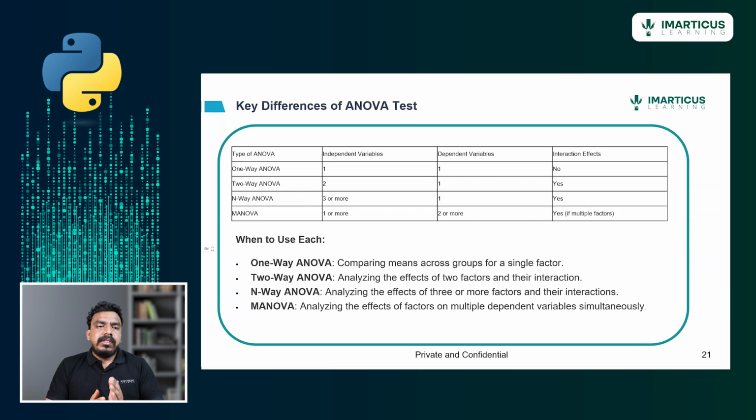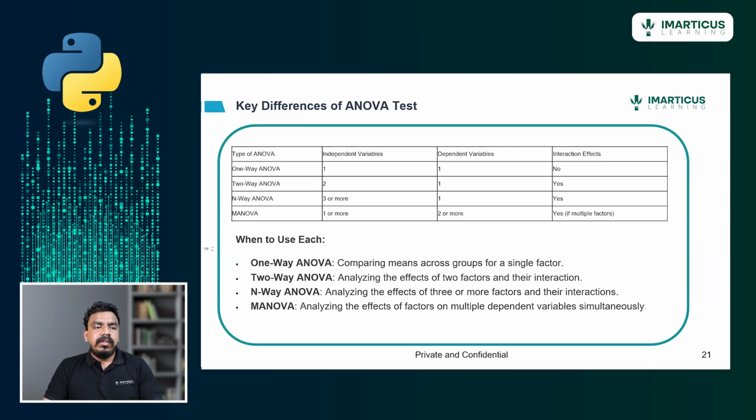What is the key difference between the one-way ANOVA test, MANOVA test, two-way ANOVA test and N-way ANOVA test? Firstly, one-way ANOVA has only one independent variable and only one dependent variable, and there is no interaction effect. In two-way ANOVA, there are two independent variables and one dependent variable, and there is an interaction effect.